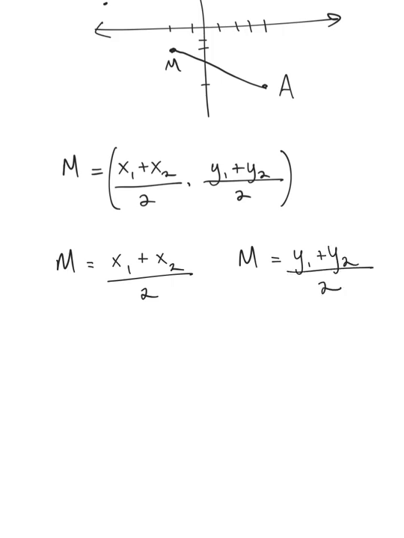Okay, so we were told that the midpoint itself was at (-2, -2). So if that is what my midpoint value is, that's the value for capital M in both cases.